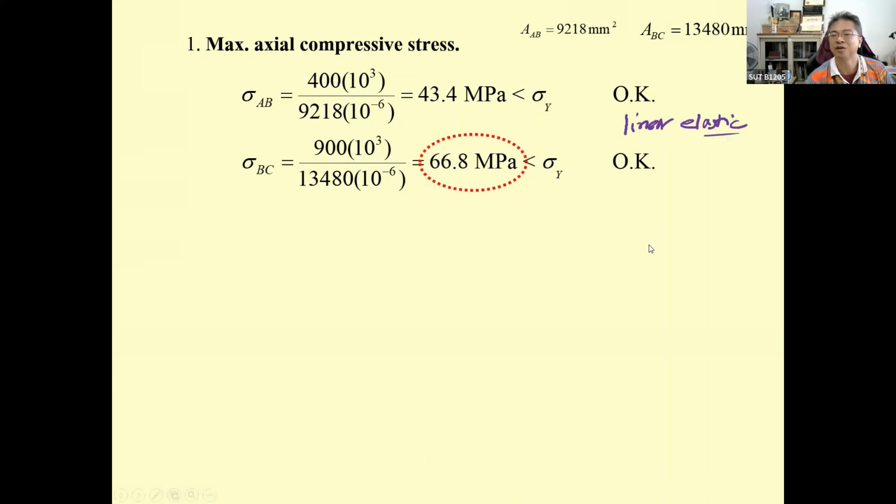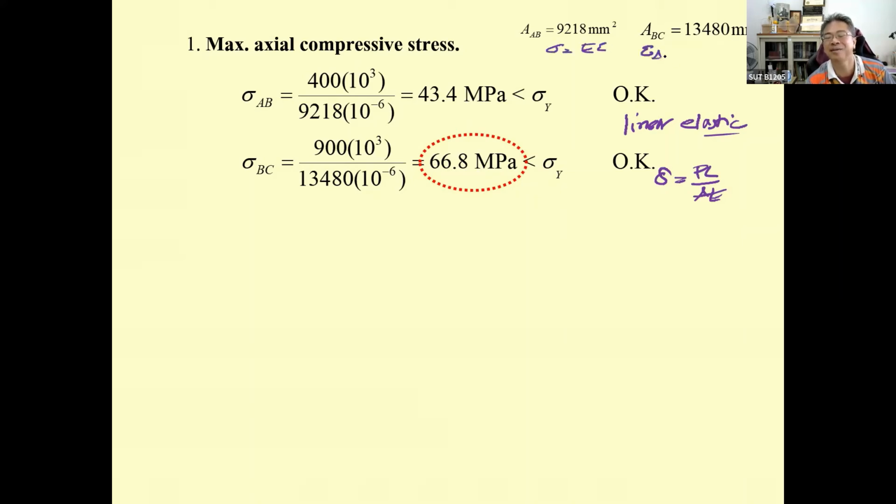And then you can determine the deformation by PL over AE if you prefer. Or from the previous chapter, the stress equal to E strain.